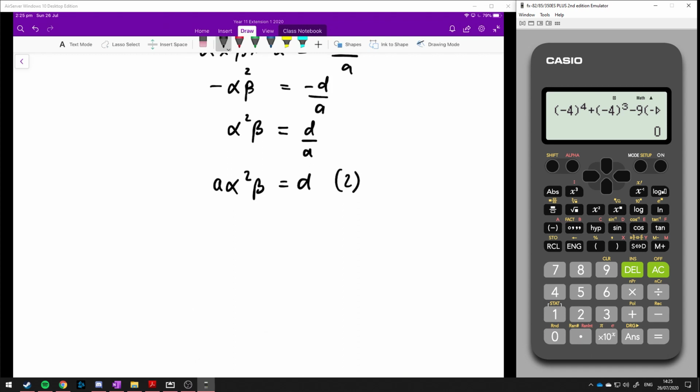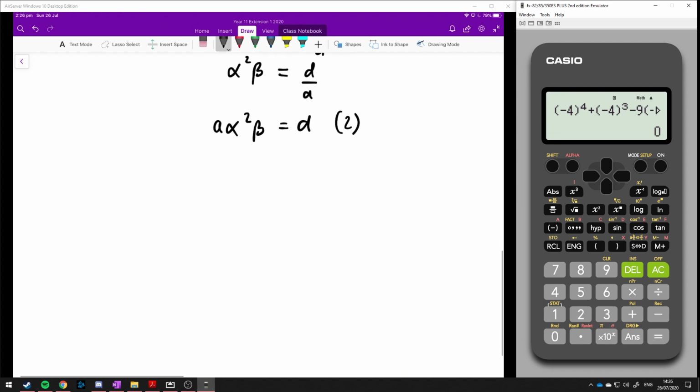Now these are three products of pairs of roots. What we can do now is we can find the three products of pairs of roots, okay?